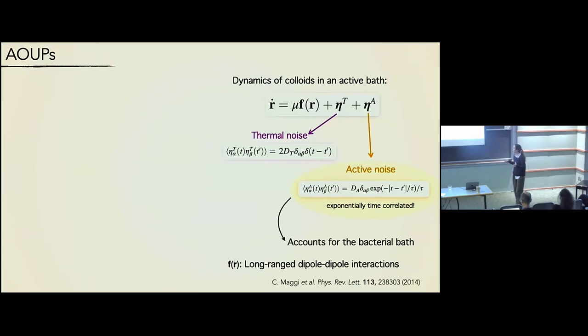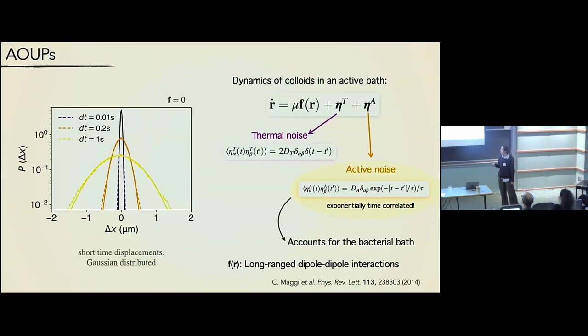That is how the activity acts on these particles. And of course, we have the long-range dipole-dipole interactions. The motion of these active Ornstein-Uhlenbeck particles causes the displacement to be Gaussian distributed at short times.